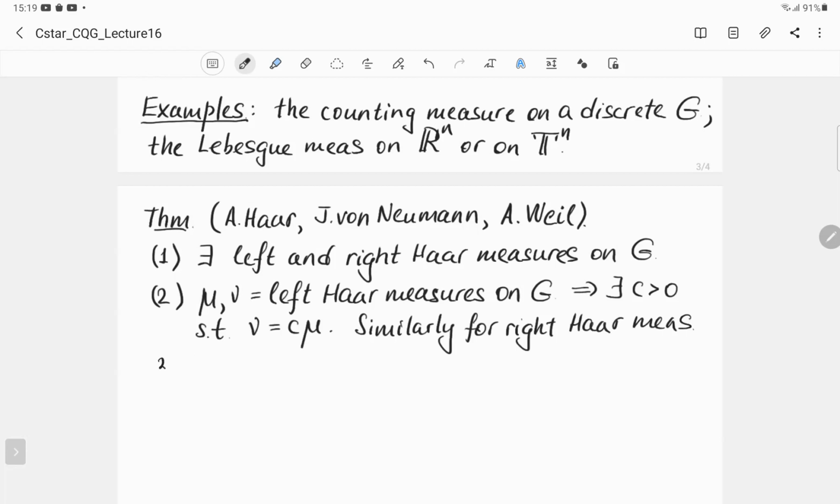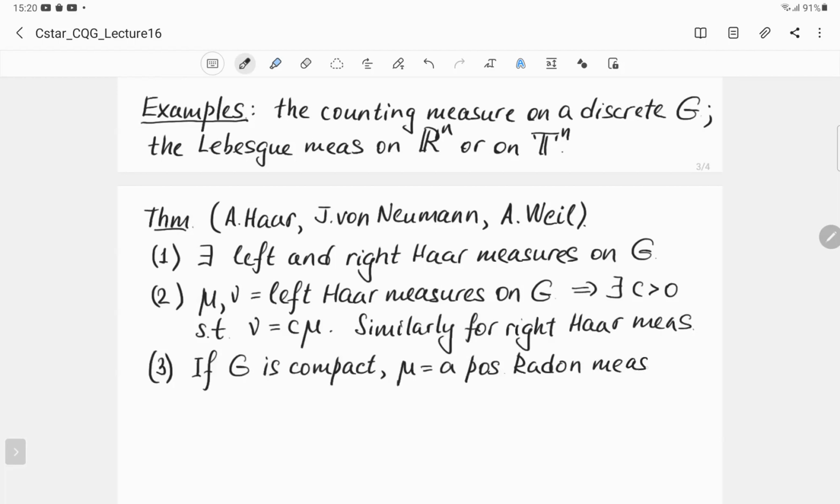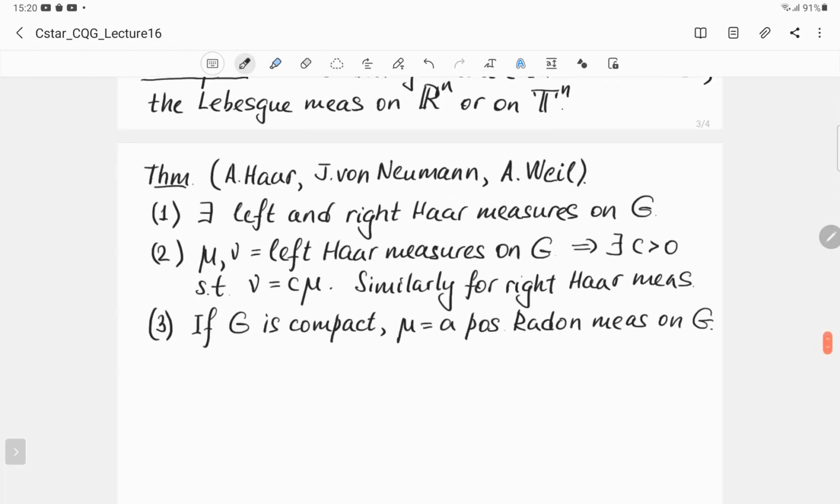And finally, part 3: if G is a compact group, and mu is a positive Radon measure on G, then mu is left invariant if and only if it is right invariant.